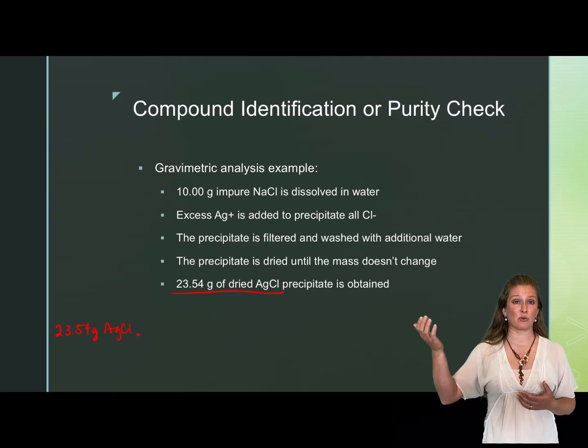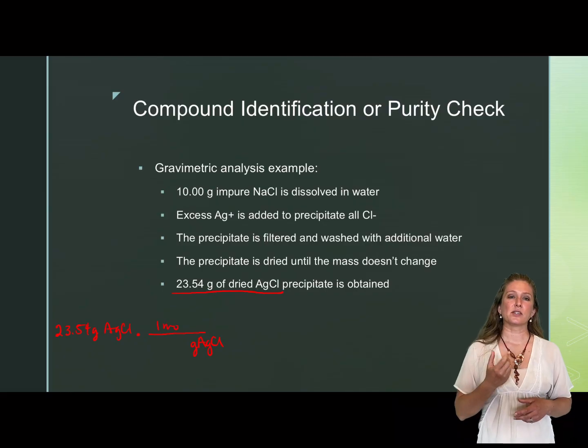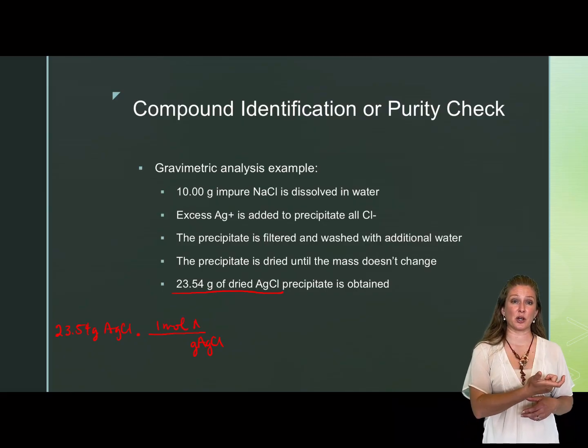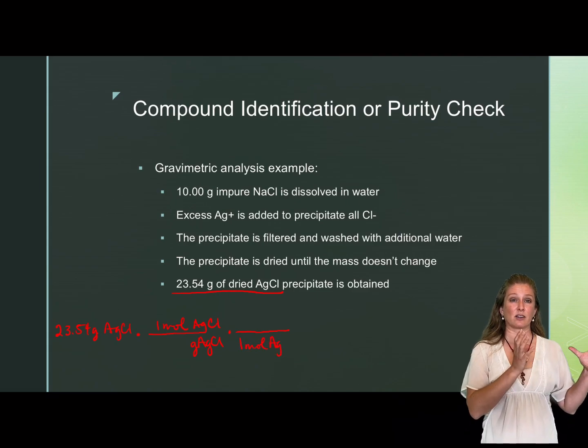We added 10 grams of impure substance, but we don't know the actual amount of sodium chloride that was in that 10 grams. So we start with what we've determined as a result of the experiment, that we've collected this gram amount of silver chloride.